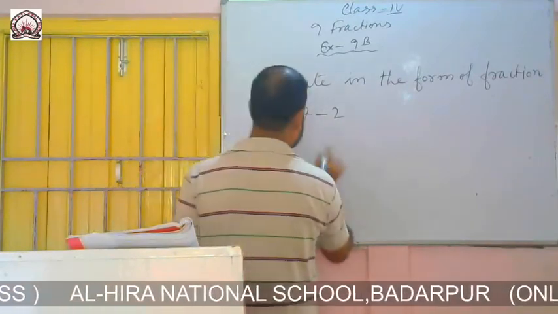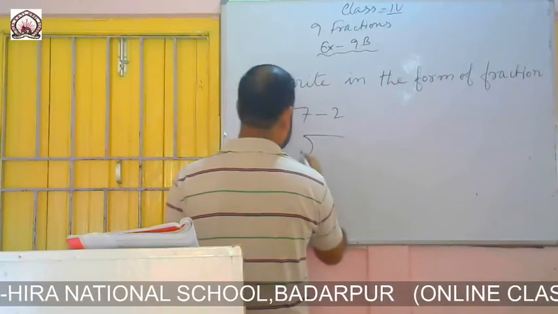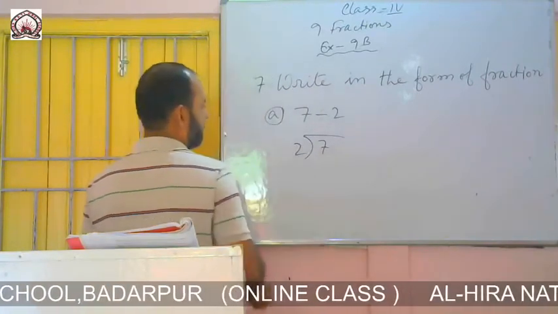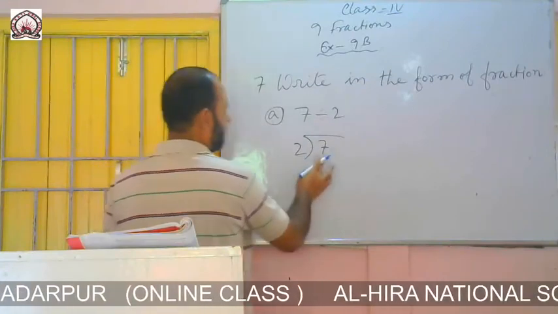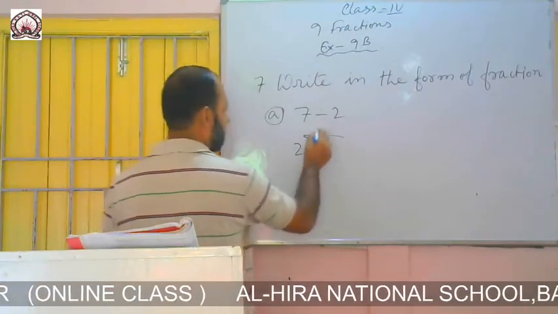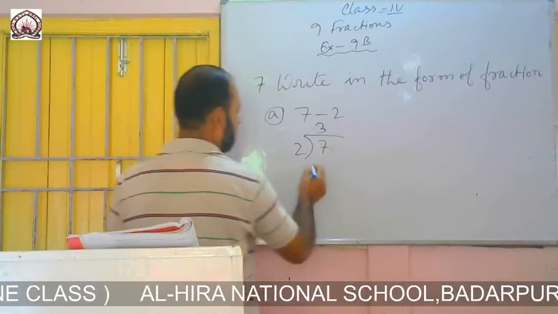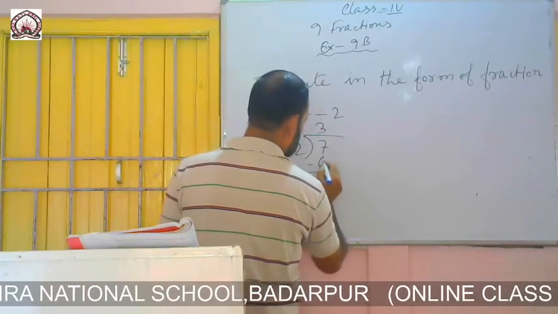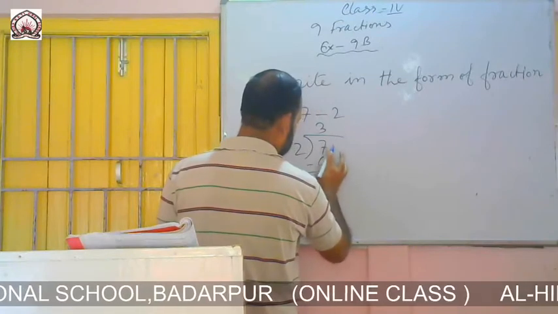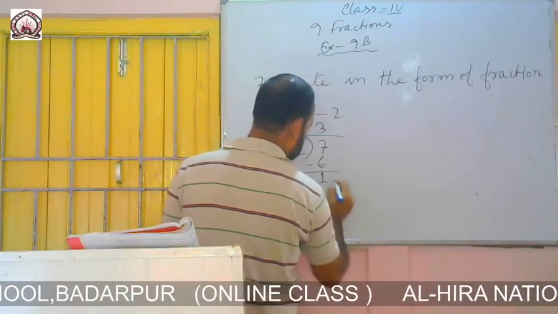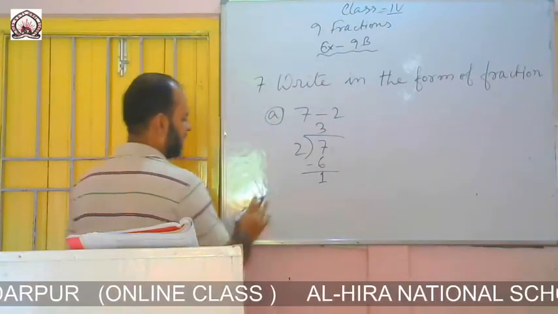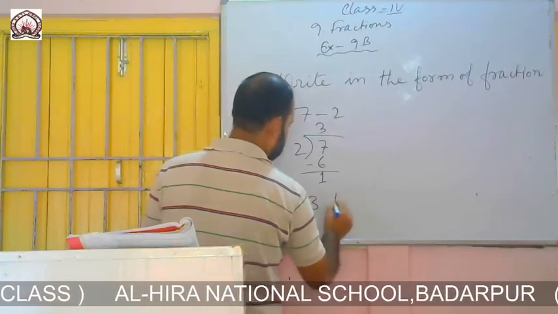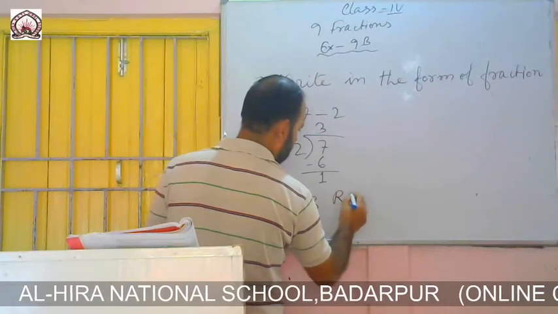So first we divide it. 2, how many times go? 2 3 jar 6. So remainder is equal to 7 minus 6 is equal to 1. So here quotient equal to 3 and remainder equal to 1.